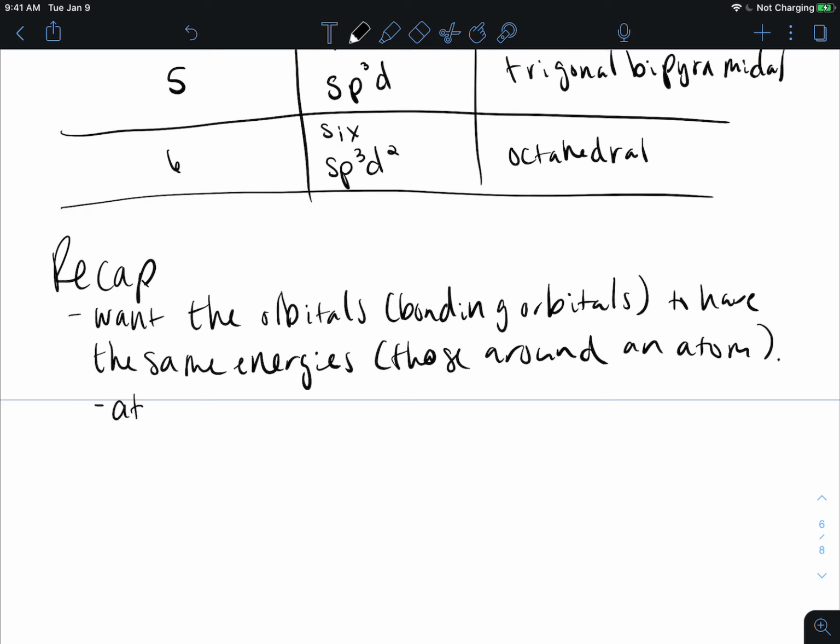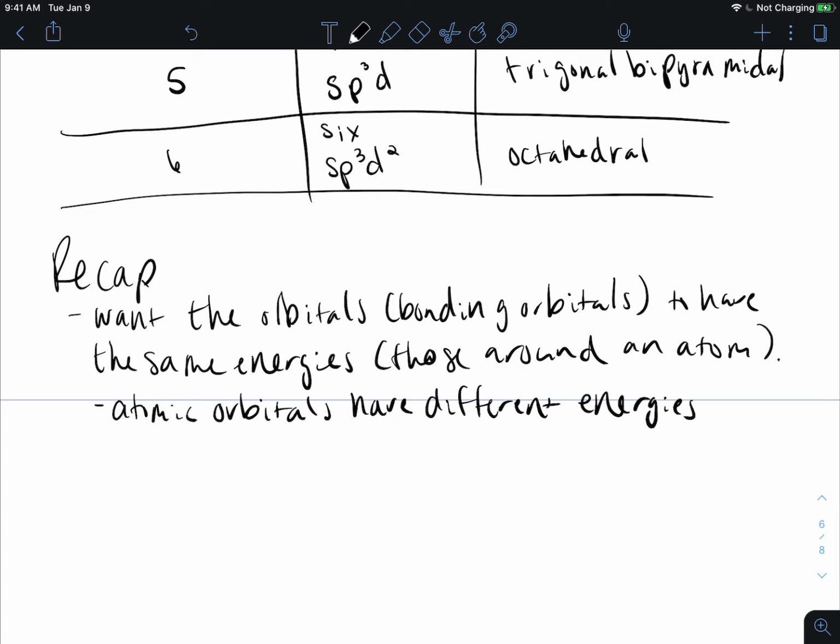And that's because, like I said, our atomic orbitals all have different energies. We talked about if we have a multi-electron atom, then the s orbitals are going to have different energies than the p orbitals within the same shell. That's not true for hydrogen, right?